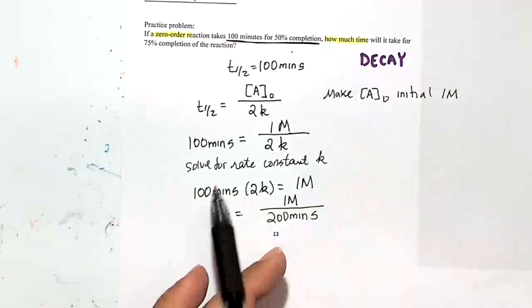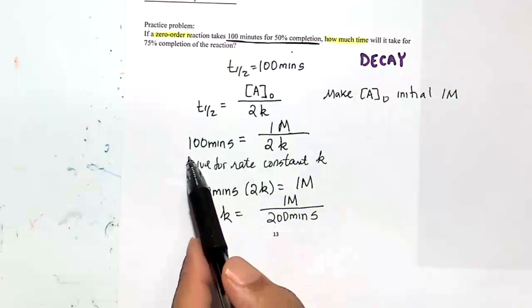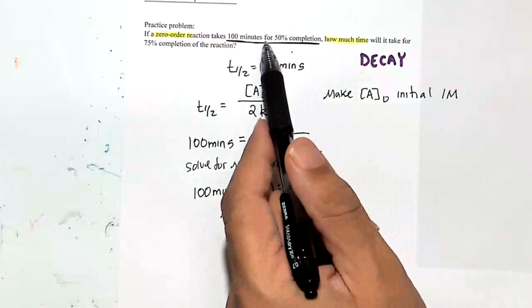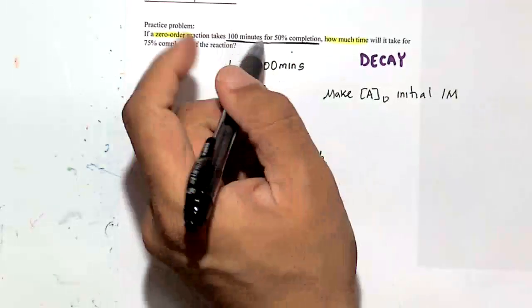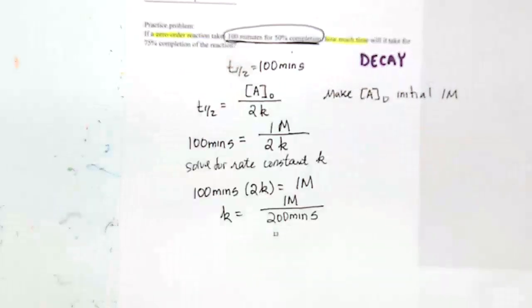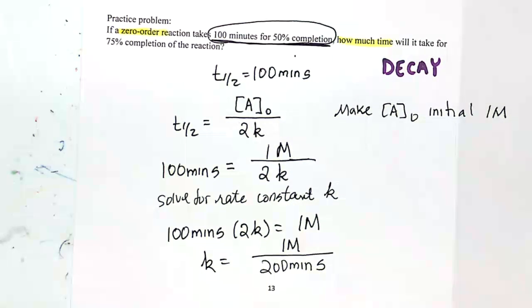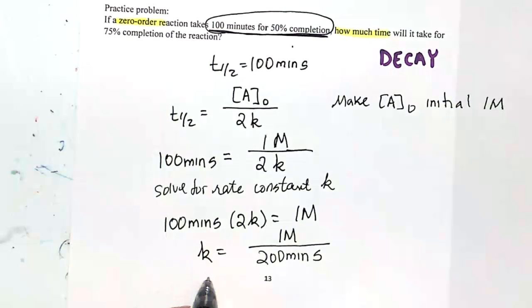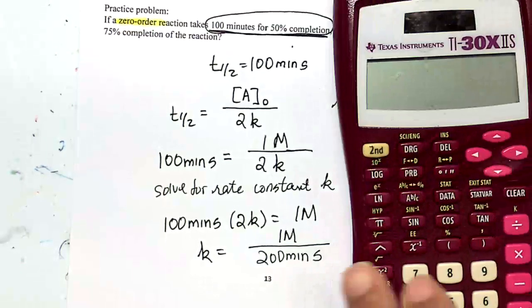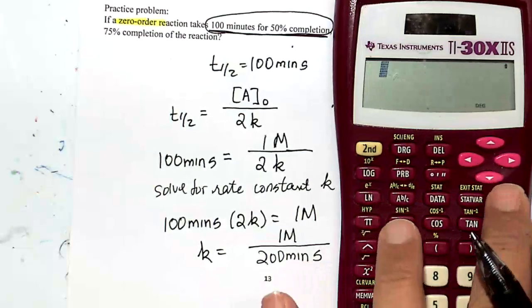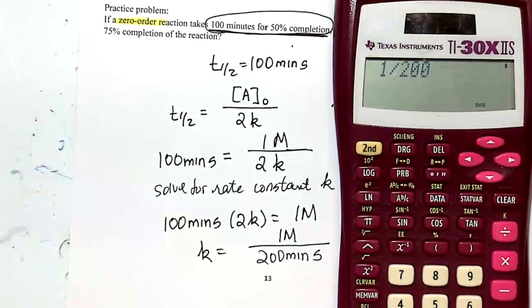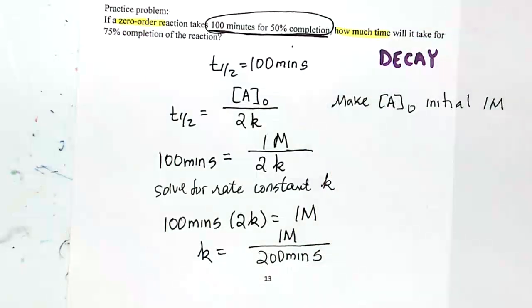I just made the initial concentration 1 molar divided by 2K. The half-life, as you calculated, is 100 minutes. This is the very definition of half-life. So what's 1 divided by 200? I can do that on my calculator. It's 0.005.